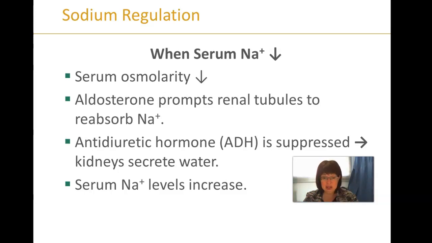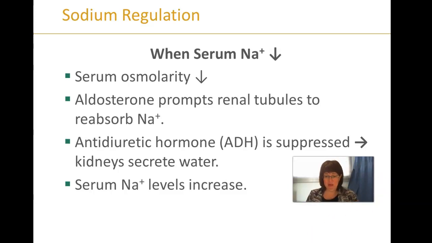Aldosterone pumps sodium, water follows, okay? And sodium will rise and go back to normal. Antidiuretic hormone will be suppressed, and then the kidneys will secrete water and get rid of water, so that way it will all balance out.